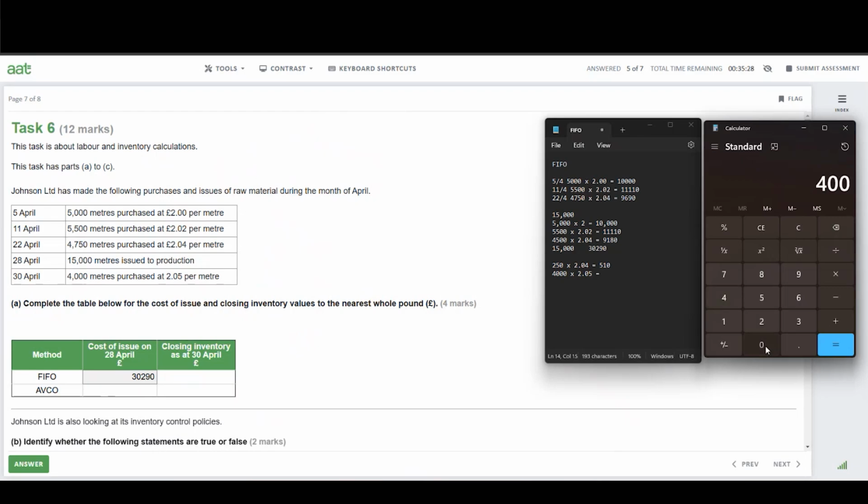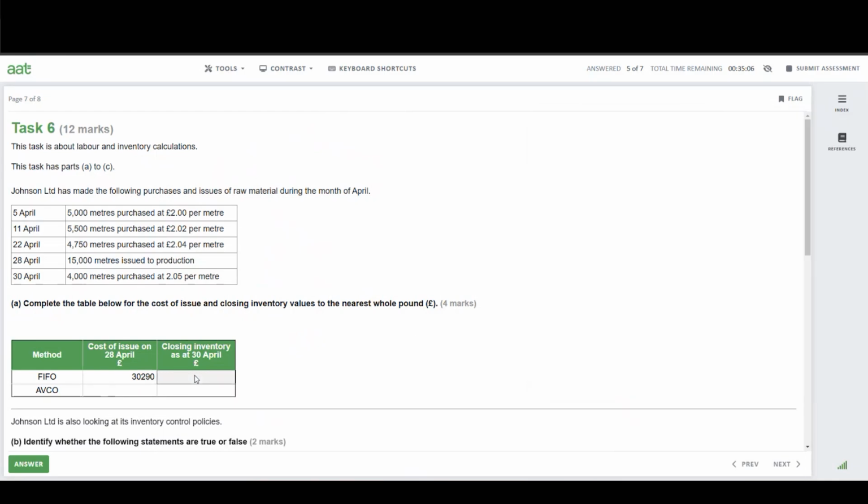So 4,000 metres times £2.05. The cost of that receipt is £8,200. So 8,200 plus 510 tells us there's £8,710 left in inventory. So I can pop that into my closing inventory here.